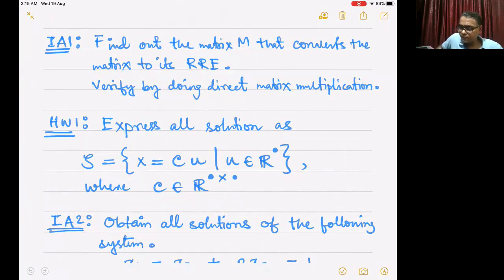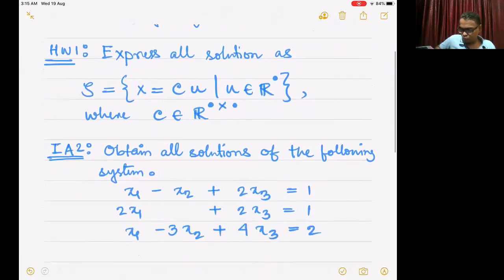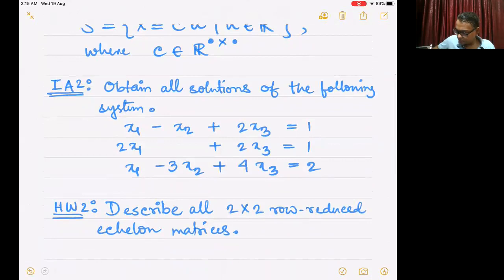For that, find the matrix M, the elementary row operation matrix that is the product of the elementary row operation matrices that convert the system into RRE, and verify that it does its job by doing direct matrix multiplication. That's your immediate attention problem number 1. Immediate attention problem number 2 would be to carry out this RRE business for this particular system of equations with the right hand side here. I'm sure you'll be able to do that.